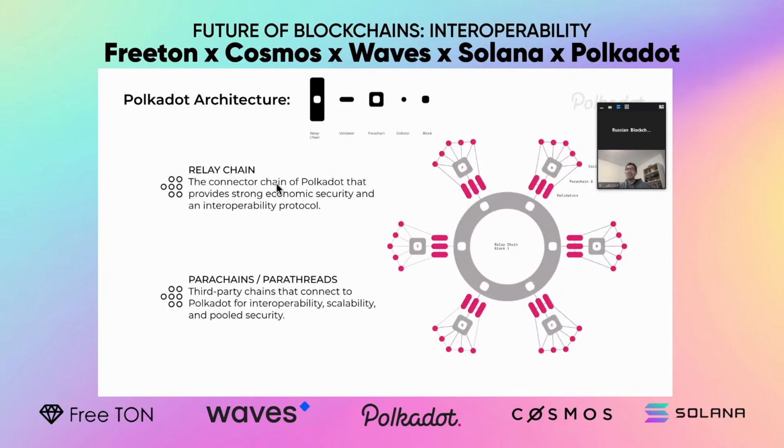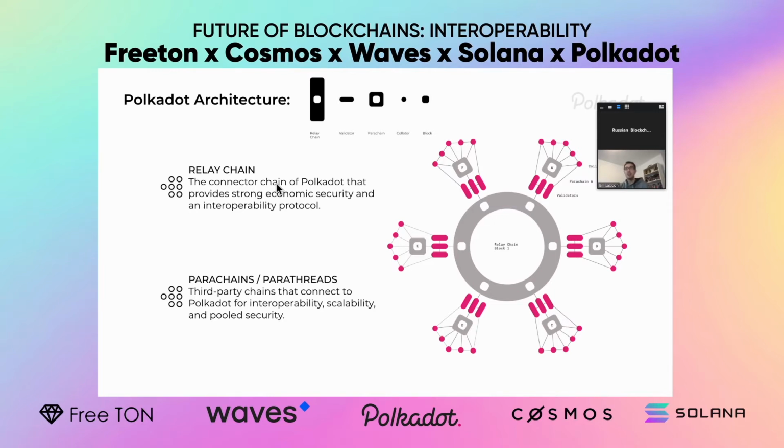So if you take this together, where individuals can build their own blockchains, one thing they don't want to have to worry about then is the security of the network. And so one way to share security is the architecture we have, where there's a central relay chain.